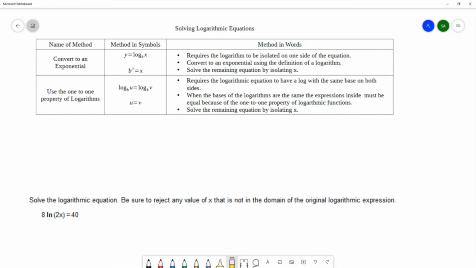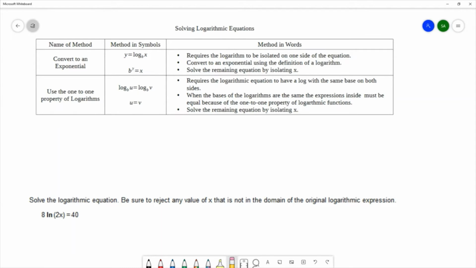We can see that in our equation we have log only on one side, so we won't be using this second method. So focusing back on the first method, what we're going to do is convert to an exponential equation using the definition of a logarithm, and then we'll solve the remaining equation by isolating x.